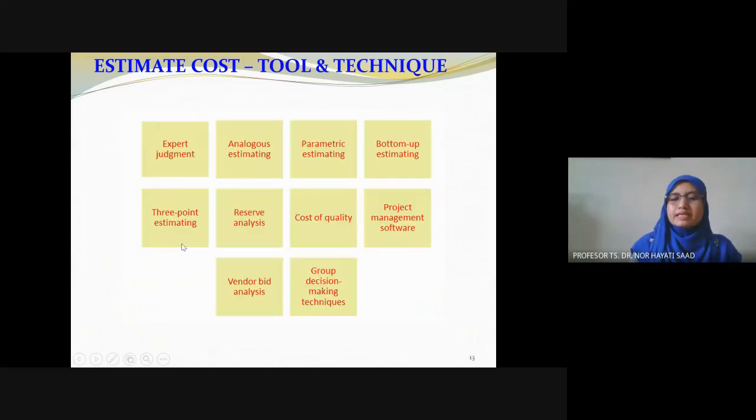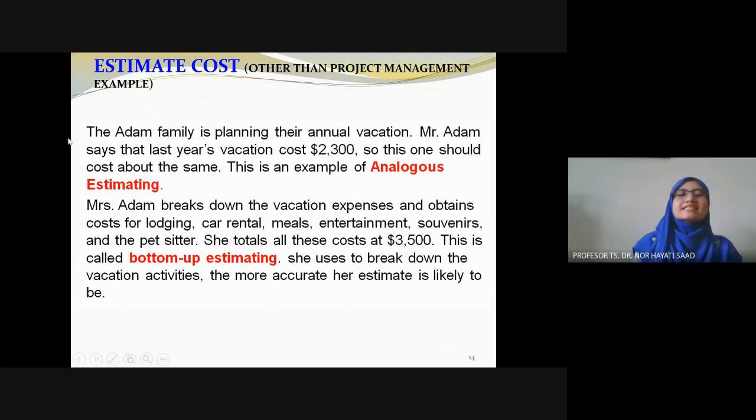Okay, these are the techniques I already mentioned just now, but here is a simple example. Analogous estimation is based on history. For example, this is not project management, this is a normal day to day example, just to give you a simple example. The analysis is from the previous one.